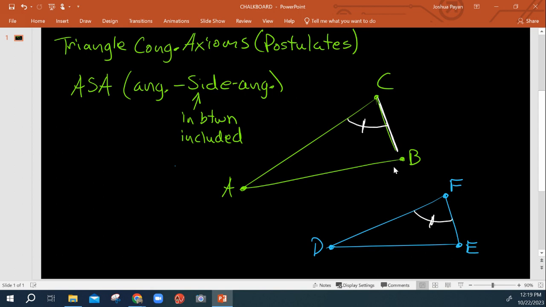And this side here is congruent with this side. And we see that this angle is congruent with this angle.